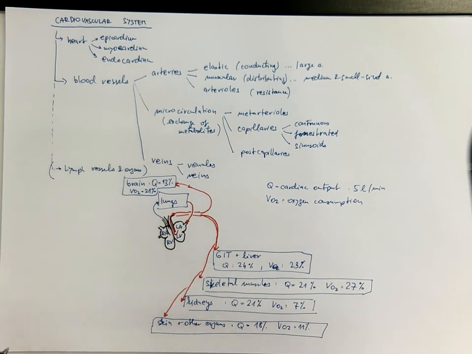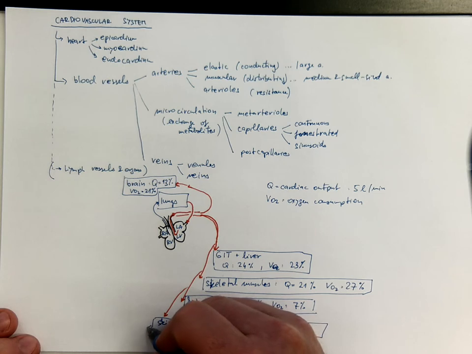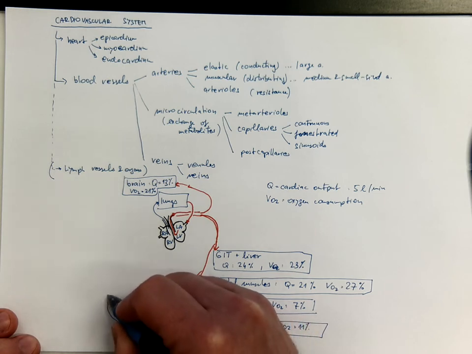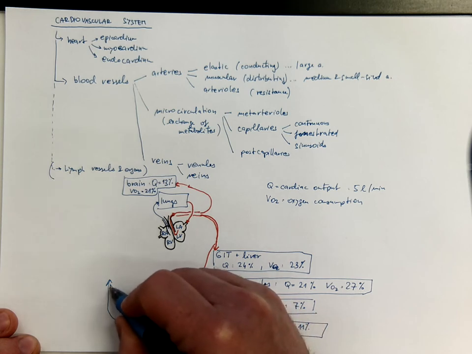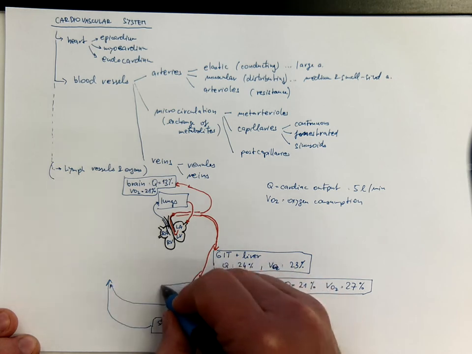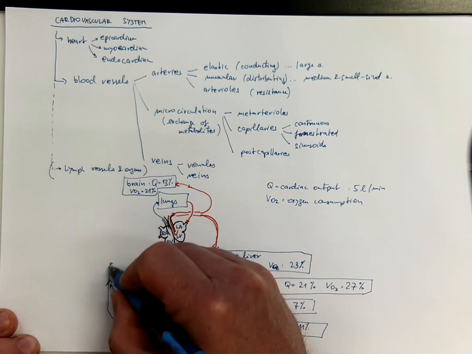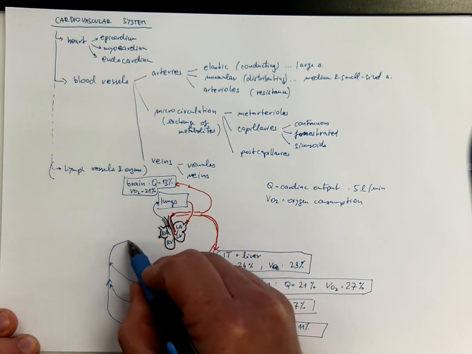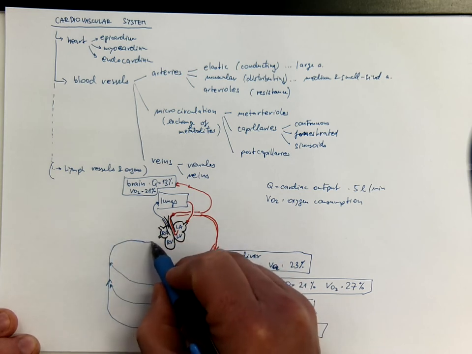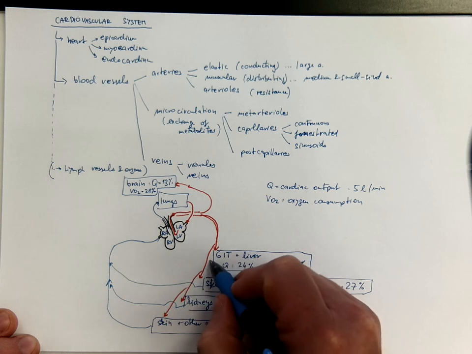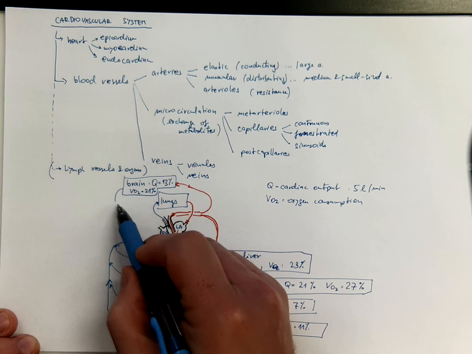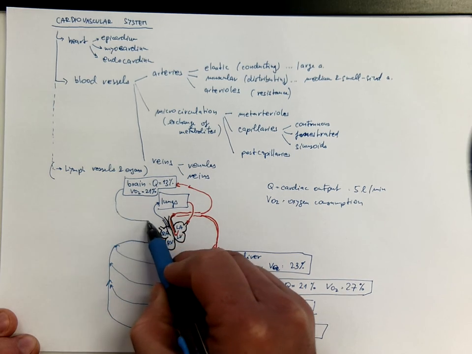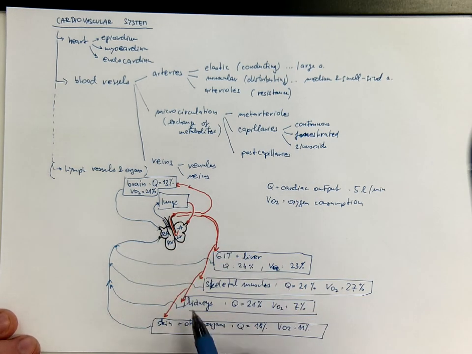Okay, the blood returns from these compartments via the venous system into the right atrium, and also from the brain and head and neck also into the right atrium, and the circulation is closed.